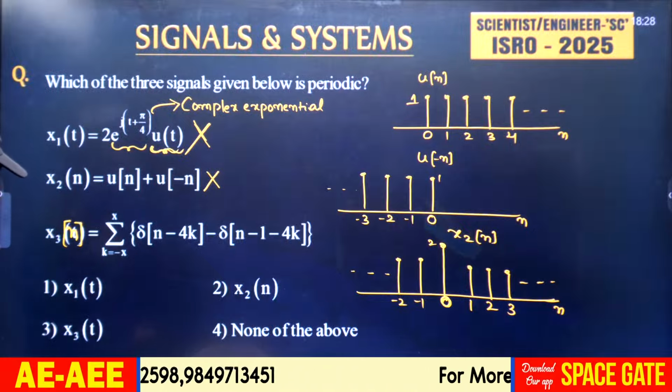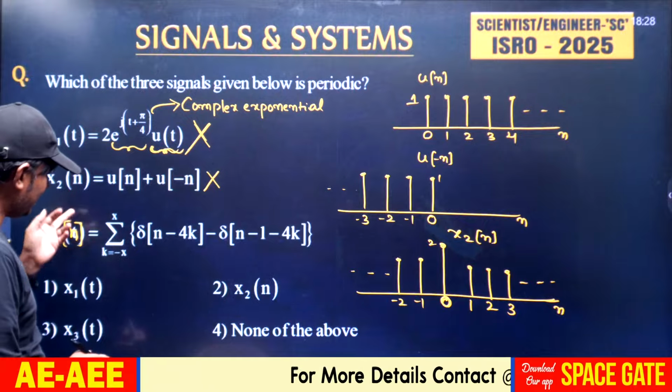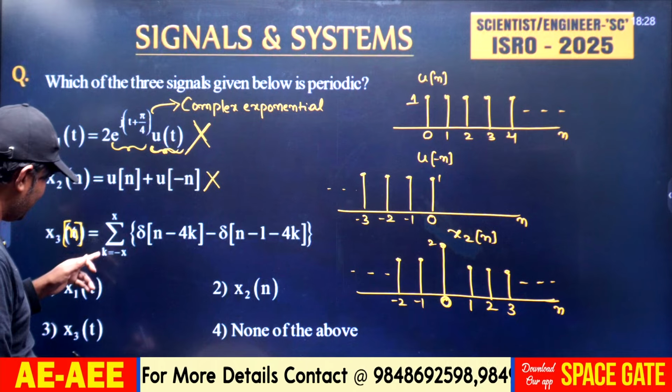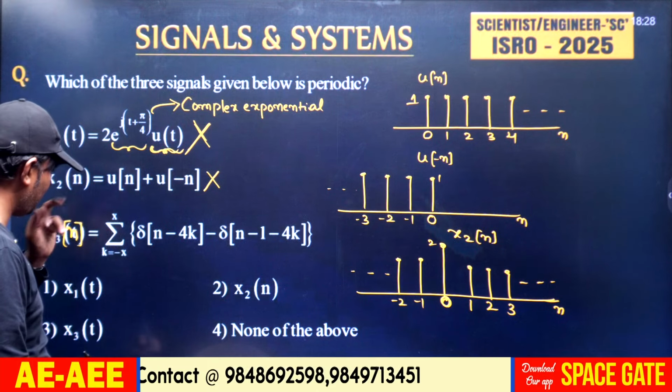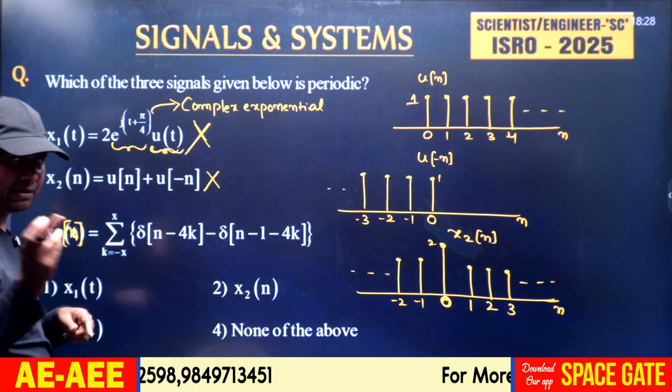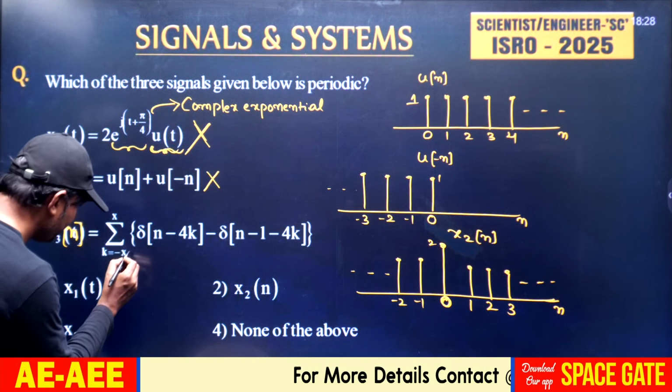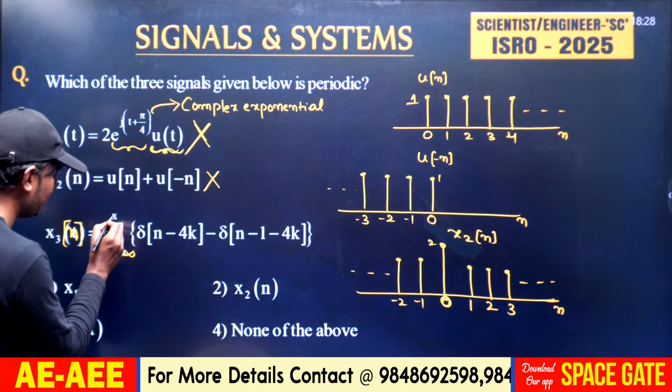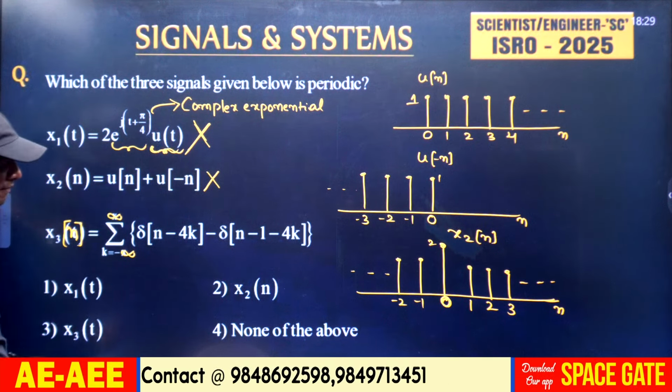And one more important point is, in the question he has mentioned something like k is equal to minus x2 plus x. So there might be a printing mistake. Basically this is k is equal to minus infinite to plus infinite.